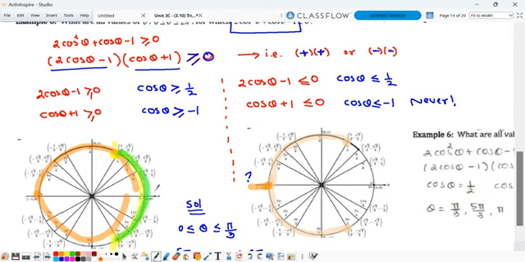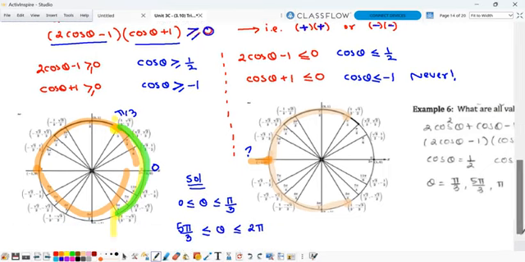So how do we write the solution? 0 to pi over 3, and you have to stop, just like the previous example, at pi over 3. Then 5 pi over 3 to 0. So this is my one piece of solution.